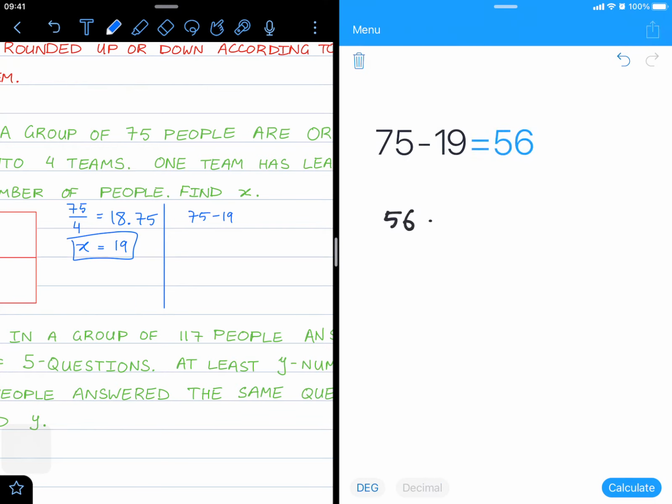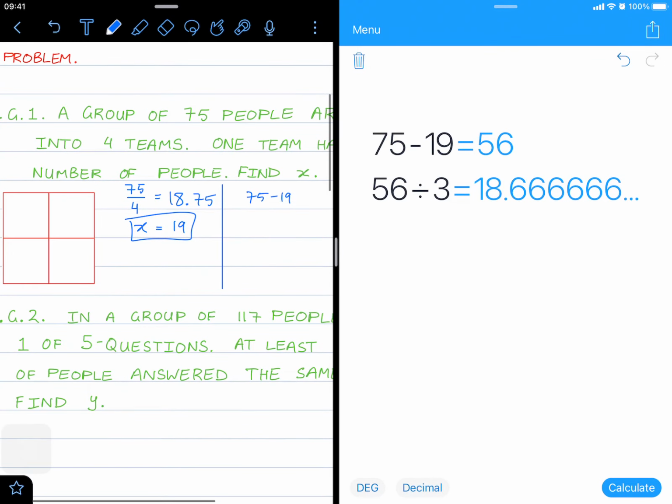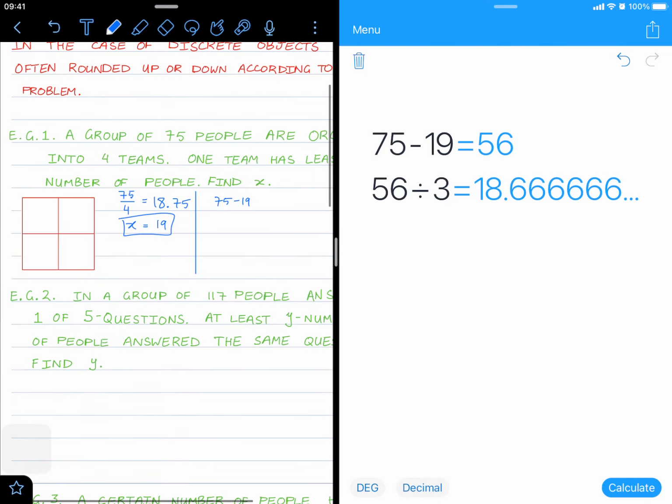And if we do 56 divided by the 3 remaining teams, we get 18.6. So let's say there were 19 people in this one. There can't be 18.6 people in each of them. That means there's another team that should have at least 19.